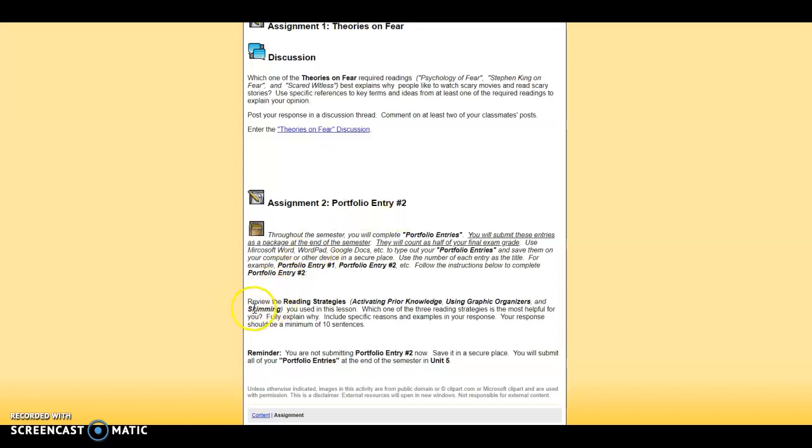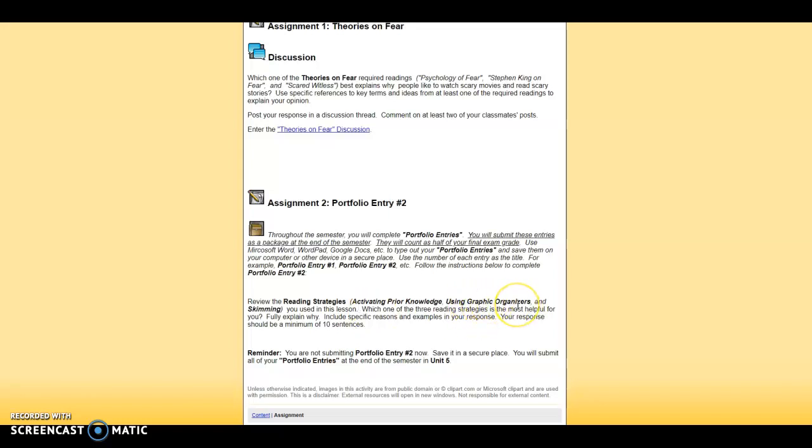If we look at the question, it's going to ask you to review the reading strategies in the content. The reading strategies, again, are activating prior knowledge, using graphic organizers, and skimming. You can always go back to the content and reread about the reading strategies. You're going to explain which one of the 3 reading strategies is the most helpful for you. In your personal opinion, do you prefer activating prior knowledge when you're reading, thinking about what you already know about the topic?